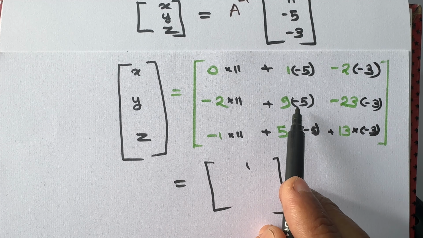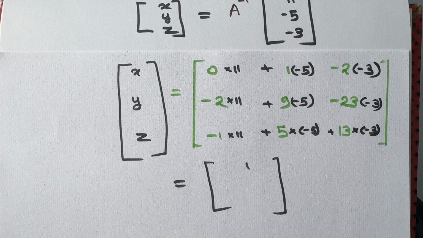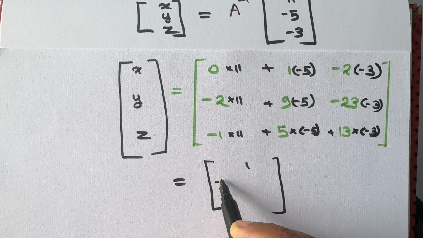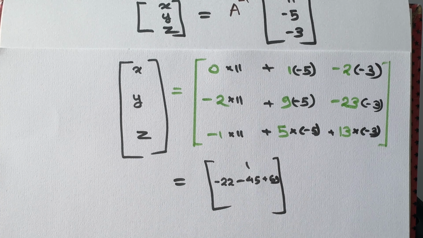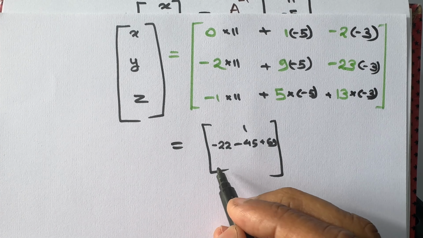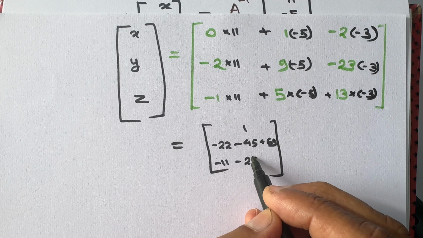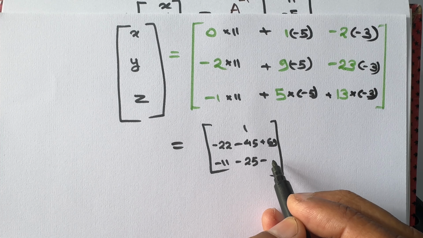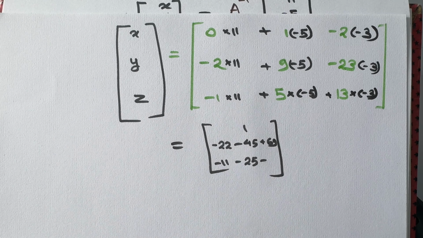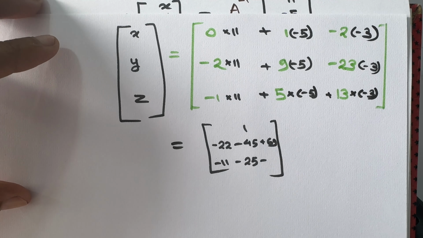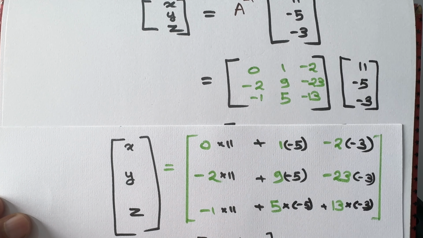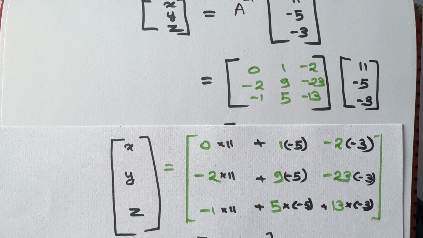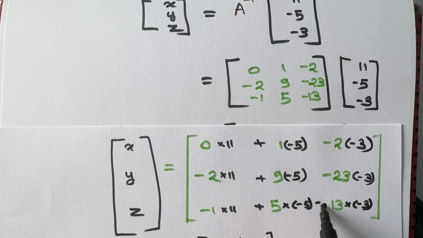Then minus 22 minus 45 plus 69, and then minus 11 minus 25, oh, this is minus 13, so we got minus here.